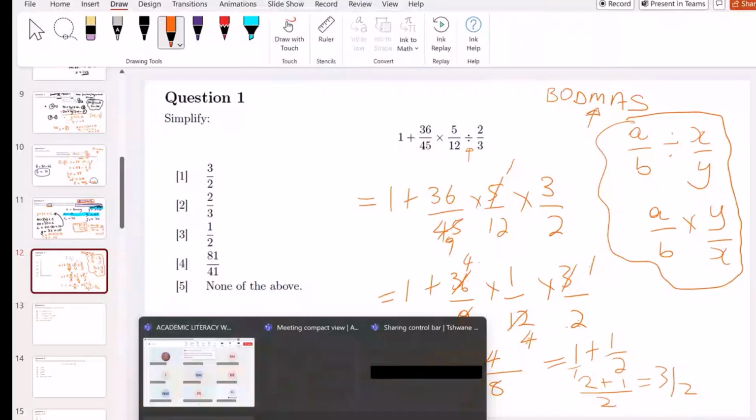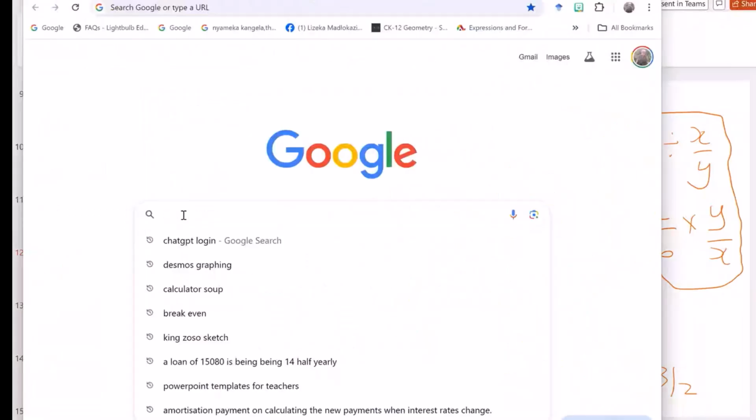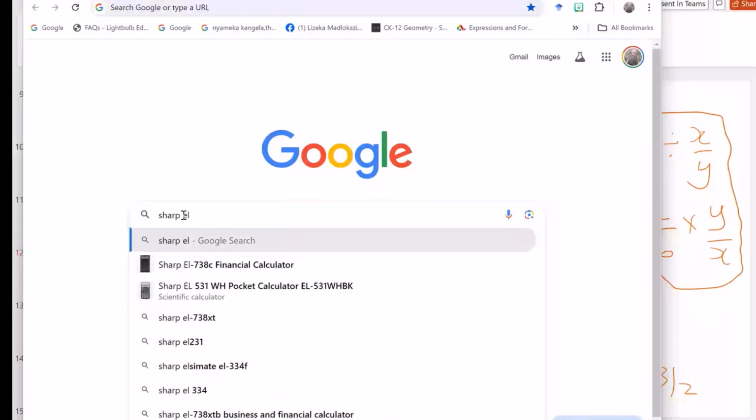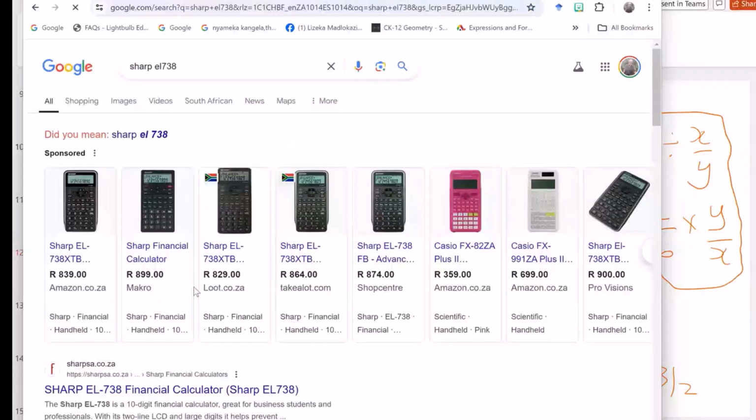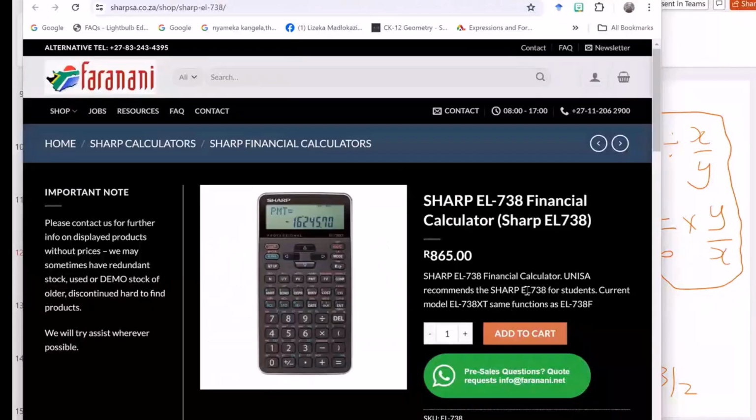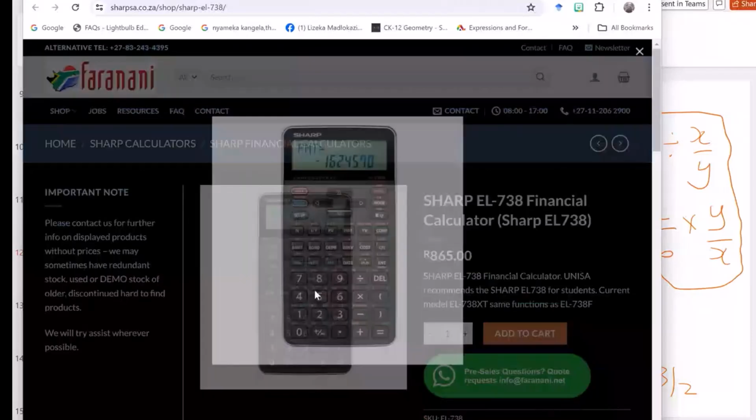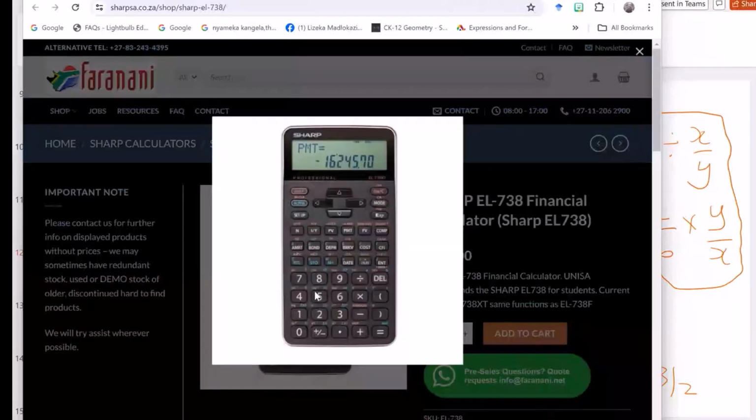What's the name of the calculator? The Sharp EL 738. Is it this one? No, that one is like the new one.